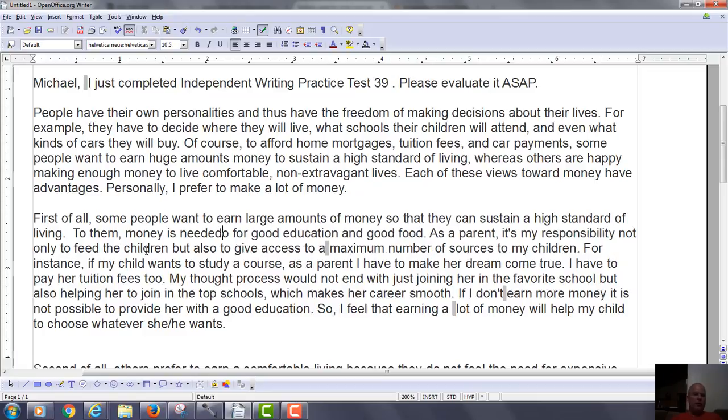Okay, let's take a look at what if you say here, to them money is needed, and what I'm doing is I'm making this sound more neutral, so it sounds more like you're analyzing the viewpoint instead of arguing your own position. So you say, to them money is needed for a good education, good food. But the food thing wasn't really developed in this paragraph very much, but you did talk about tuition.